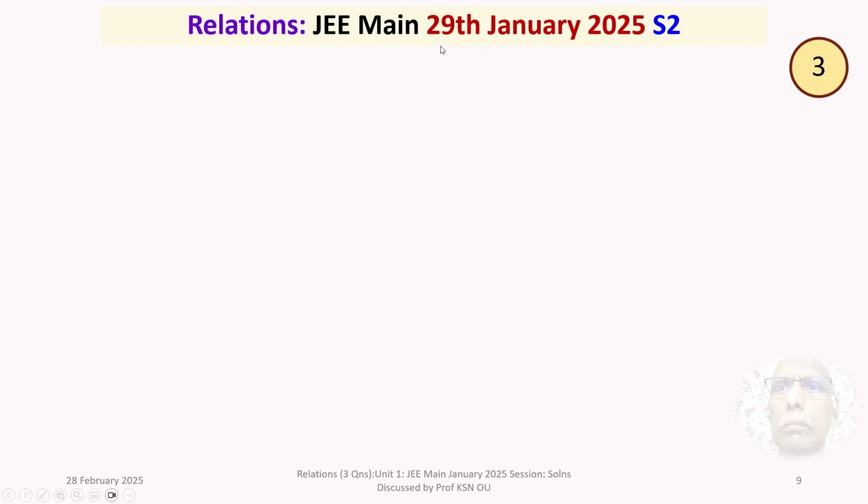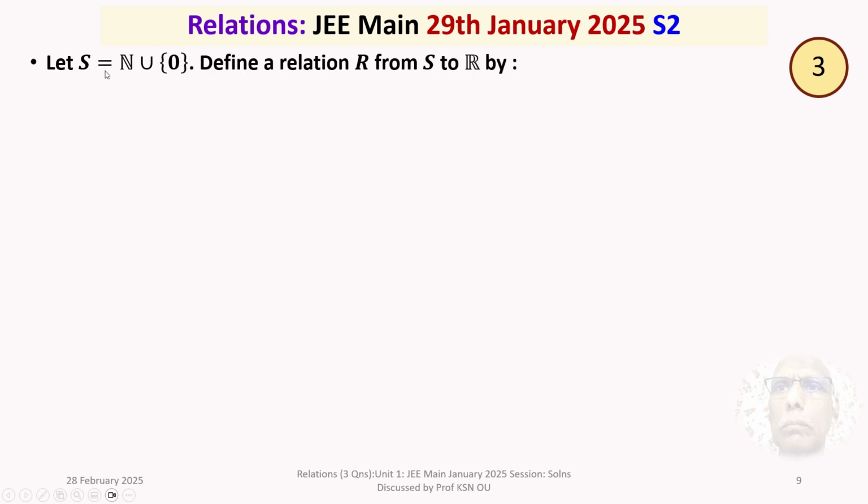And this question has appeared on 29 January 2025 in the second shift. It's again on relations. Let S be equal to the set of natural numbers union 0, that is, N union the singleton {0}, meaning the set of all non-negative integers. S is equal to N union the set consisting of 0.